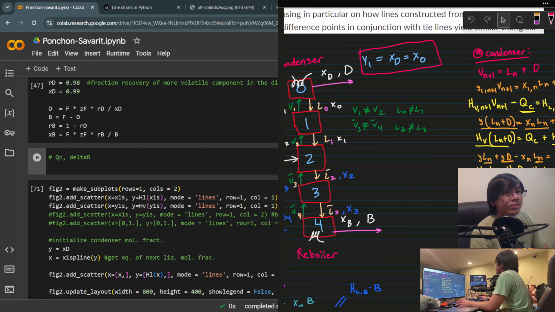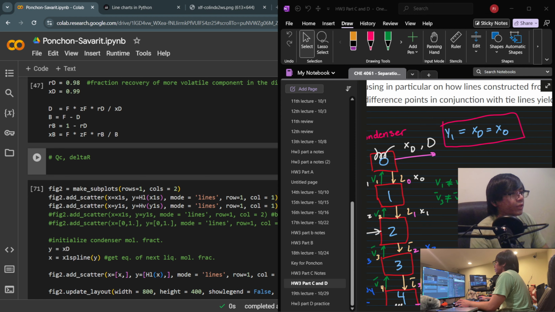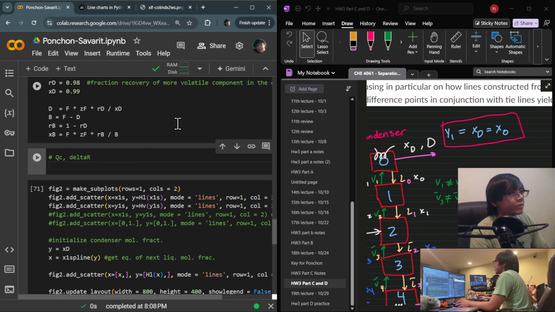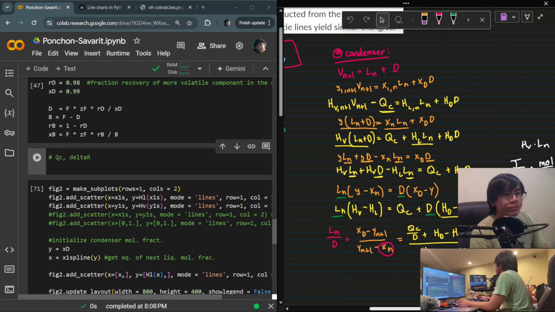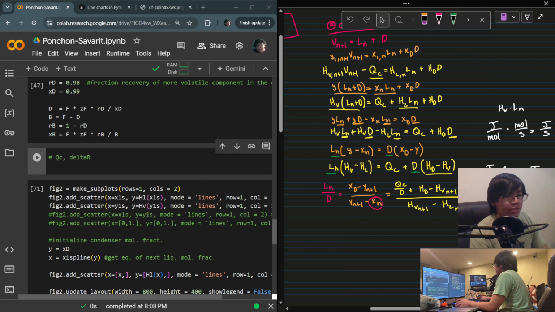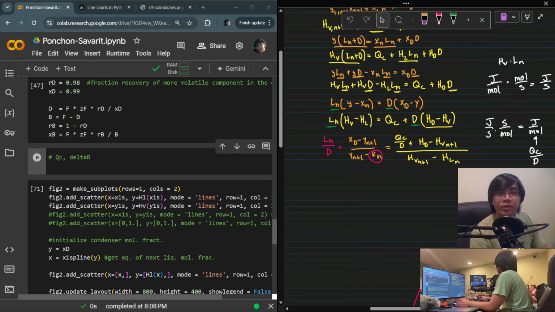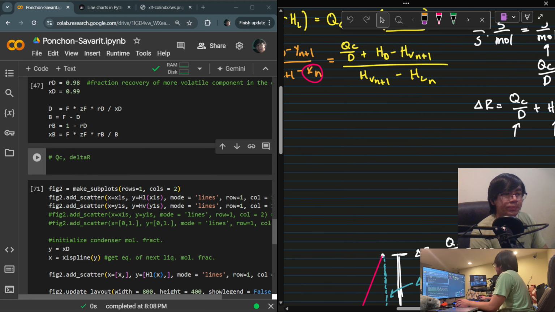Let me just split this. Yeah, we actually wrote it here already. So delta R is already defined too. Awesome.